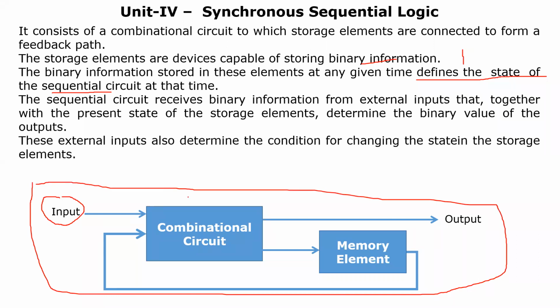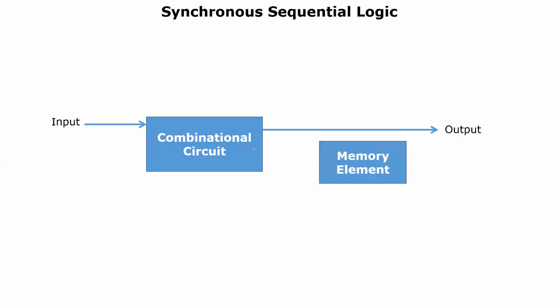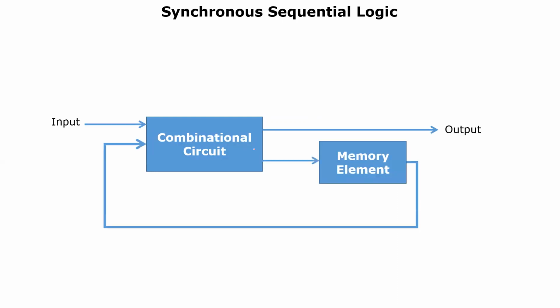A sequential circuit is specified by a time sequence of inputs, outputs and internal states. How do internal states affect the sequential circuit? Let me go ahead with that. You can see a combinational circuit, and it is the same as the previous diagram, there is no difference at all.